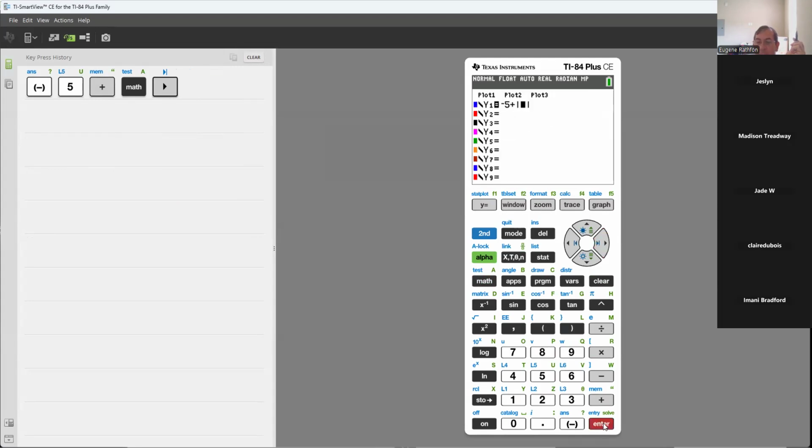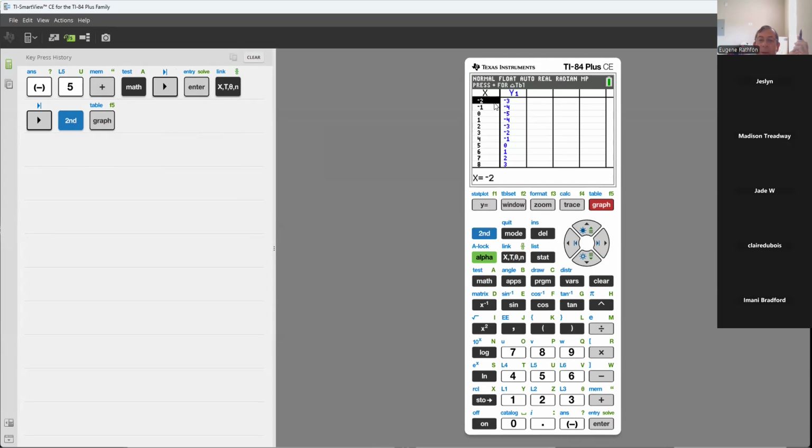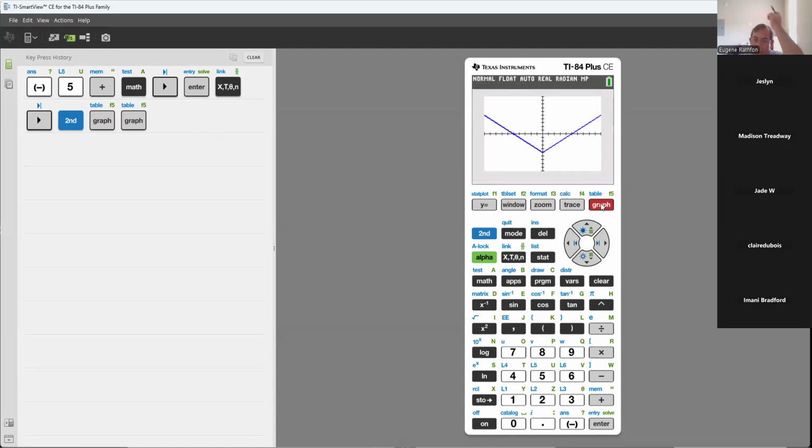So hit enter on that, and then put your X inside. So if you wanted the table again, you'd hit second graph. And y'all, there's my values. -2 gave me -3, -1 gave -4, and so on, okay? Now I want to see the graph, so I'm going to hit graph. And it's going to be a V-shaped graph, and it looks like it comes down a little bit below the x-axis there. So let's go graph it.